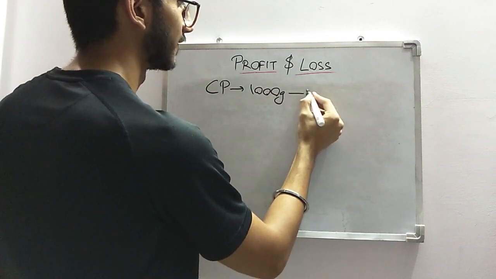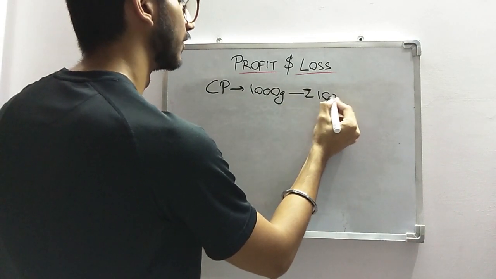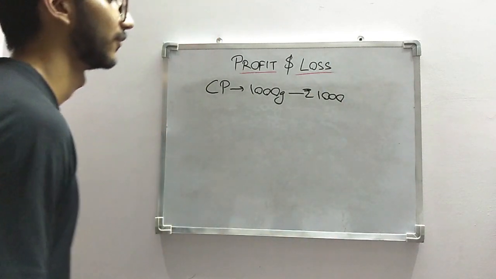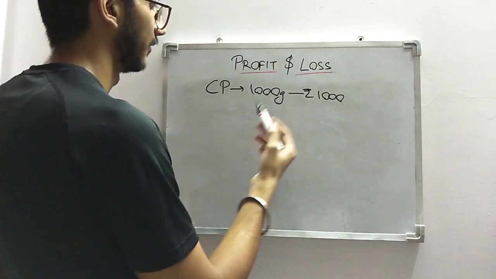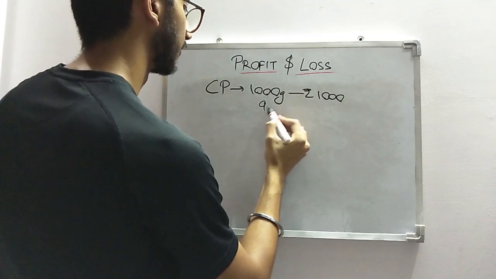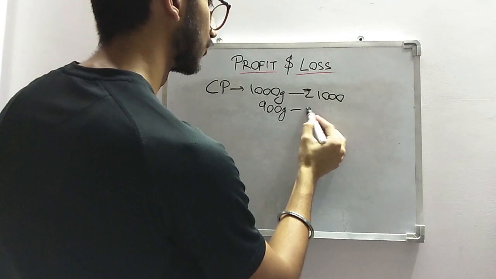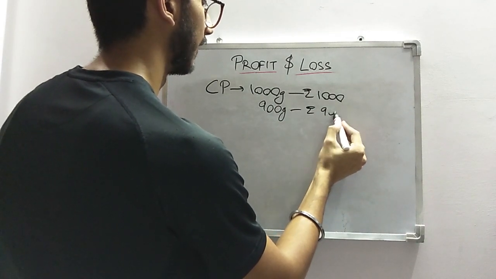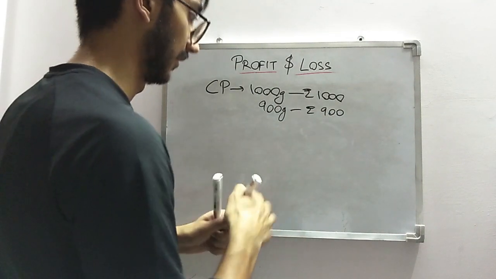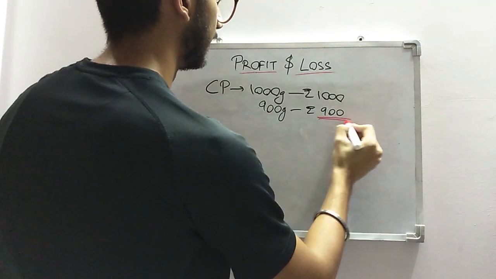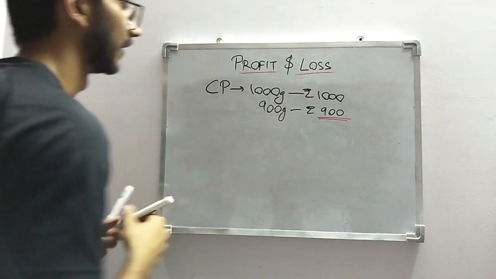Let's take it 1000 this time, for more ease. And he's using a false weight. That means he's selling me only 900 grams. So his actual cost price is 900. This is the actual cost price that we have to take.